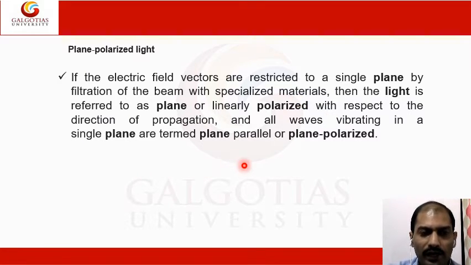If it is directed in a specific direction along its way, then it is linearly polarized with respect to its direction of propagation. And all waves vibrating in a single plane are termed plane parallel or plane polarized.